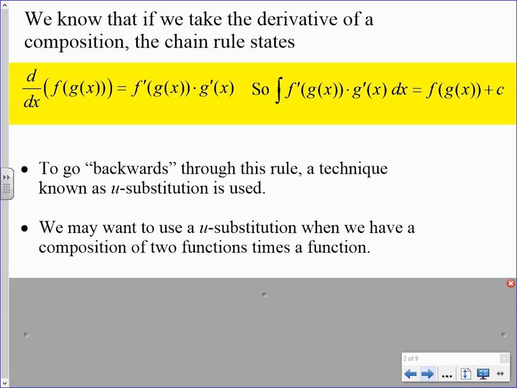Now, if we have an integral that looks like this, our G is inside and then it's times a G prime.